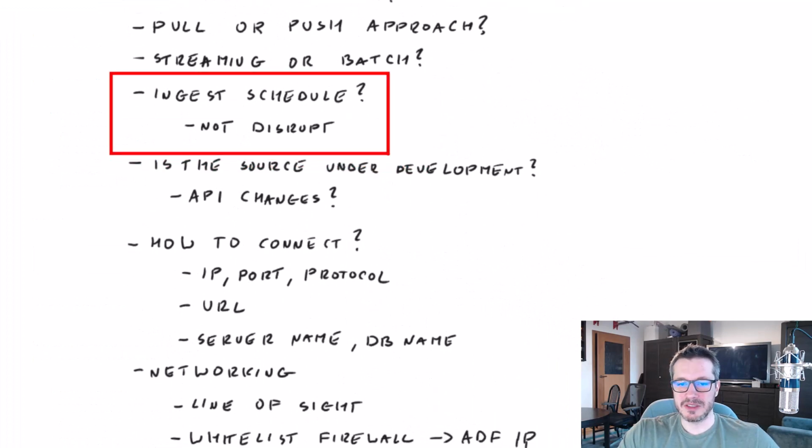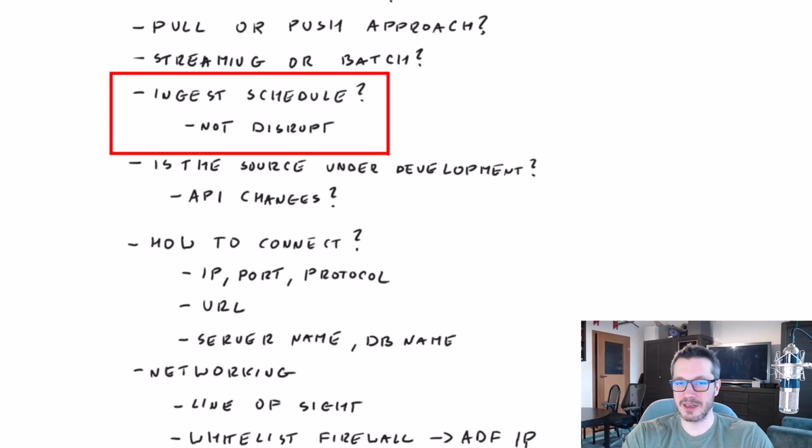Then about the ingesting schedule. Do we have to worry about not disrupting the source? Not really. It's a publicly available source, so we can query it at any time we want. We won't do any harm to the source. So that's fine. Obviously, when deciding about the ingesting schedule, we have to think about when this data should be available to our end users.